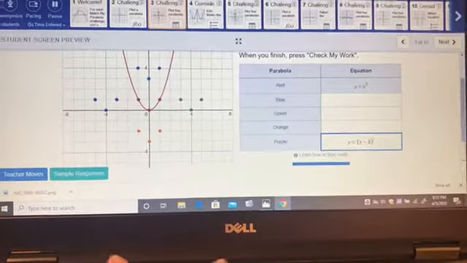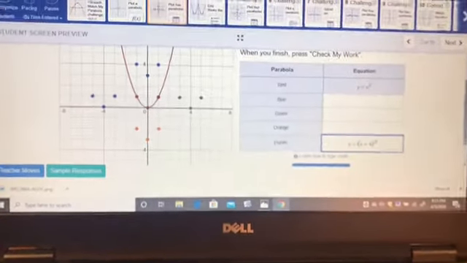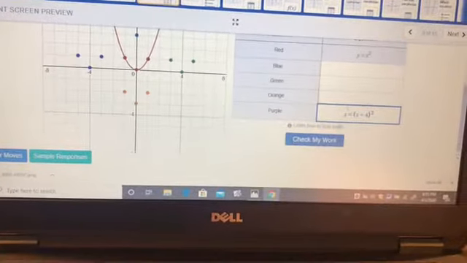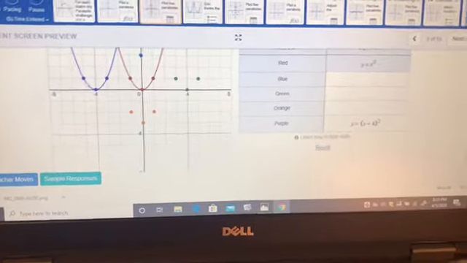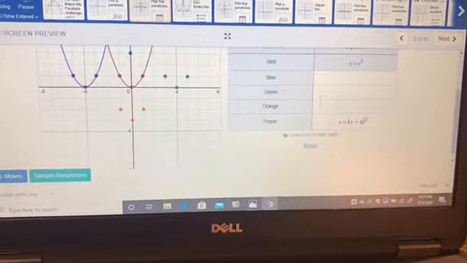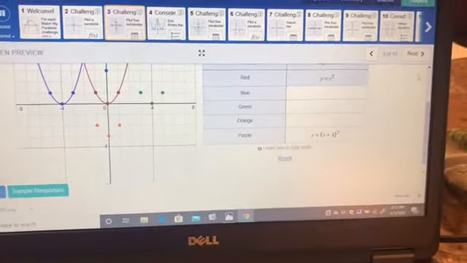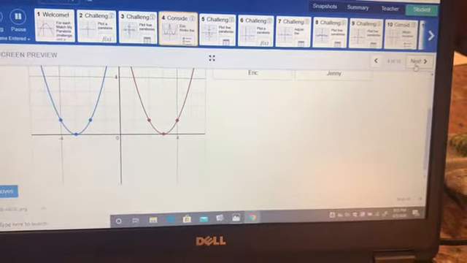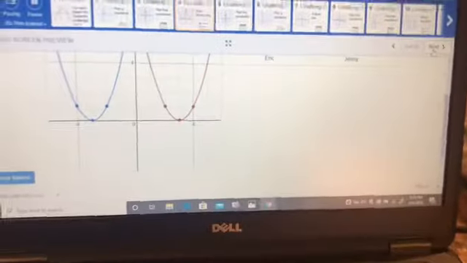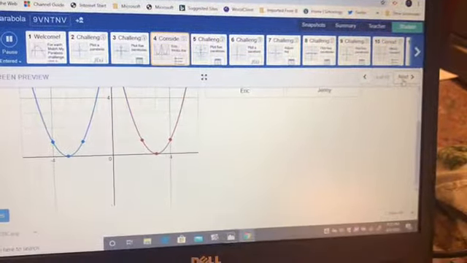Okay. And then you might need to scroll down a little bit, you do check my work and the parabola will show up. And look, we're correct. So you are still going to need to do the blue, green, and orange equations. So that's page 3. Page 4, you just pick. You have to read it and you pick if Eric or Jenny are correct.